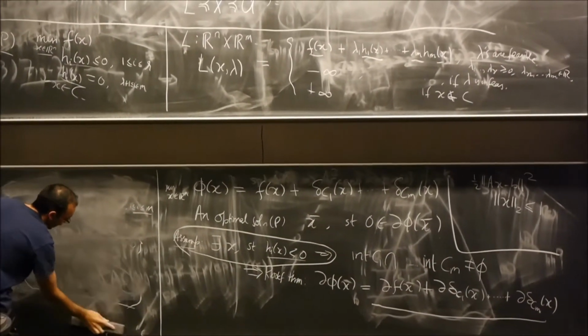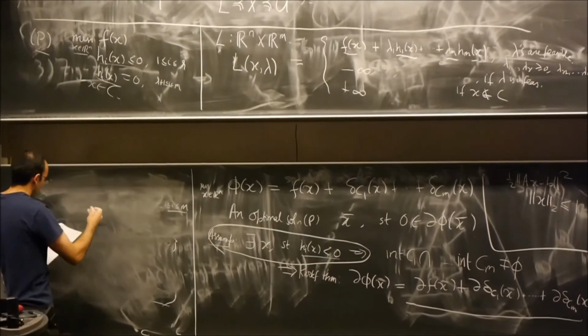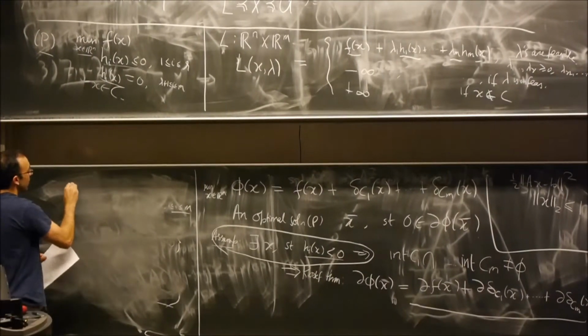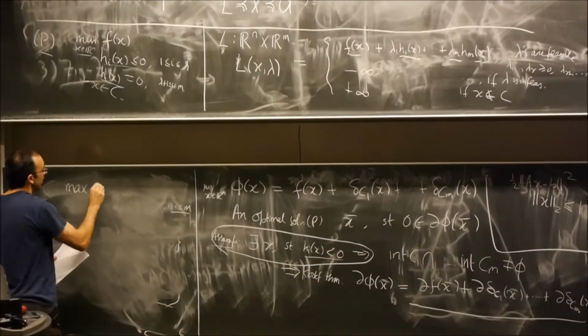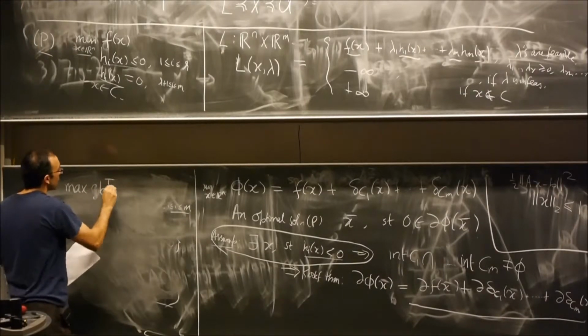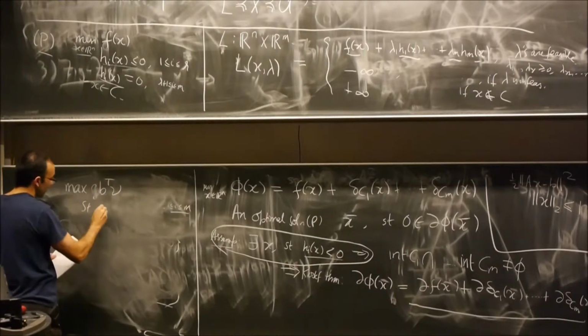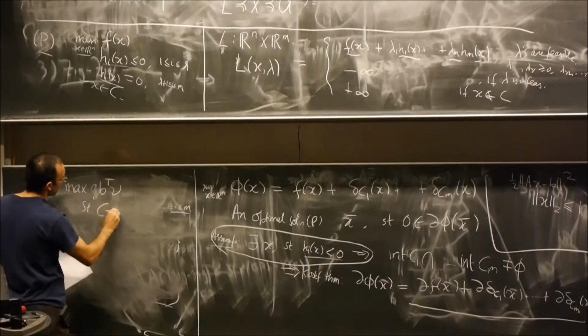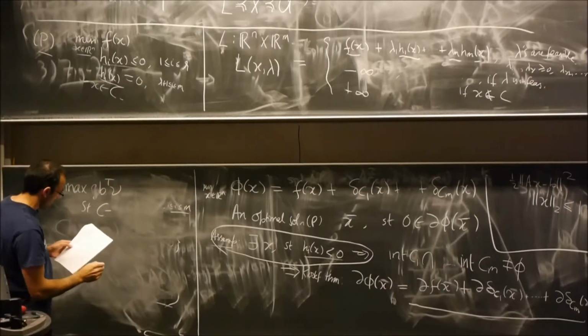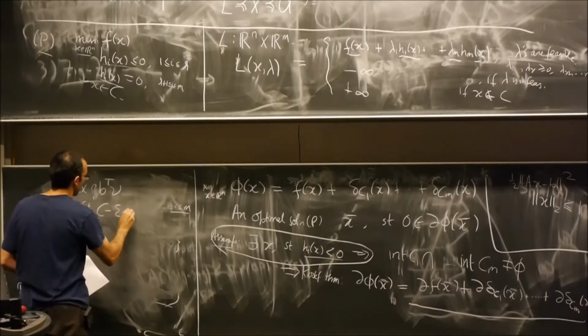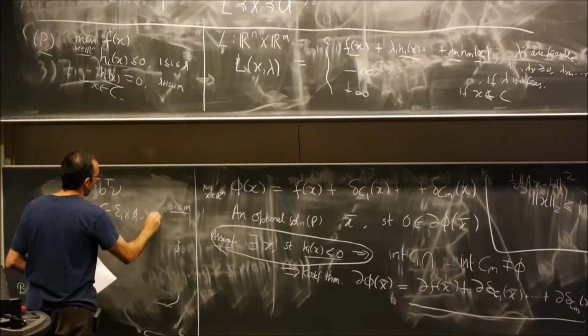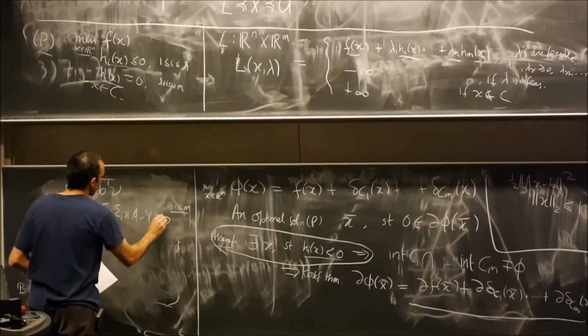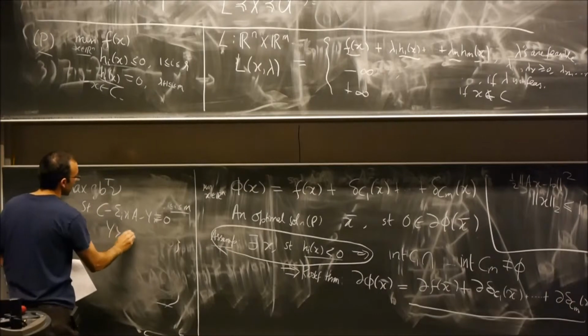So we are essentially done. So you get the dual optimization problem: maximize b transpose nu such that C minus sum of nu_i A_i minus Y is equal to 0 and Y is bigger than or equal to 0.